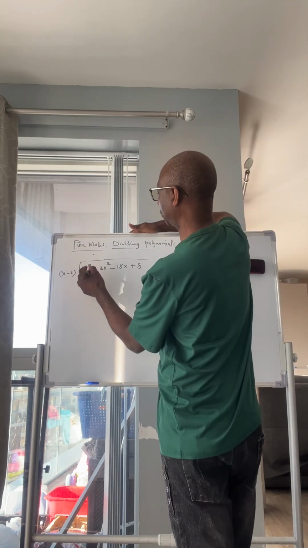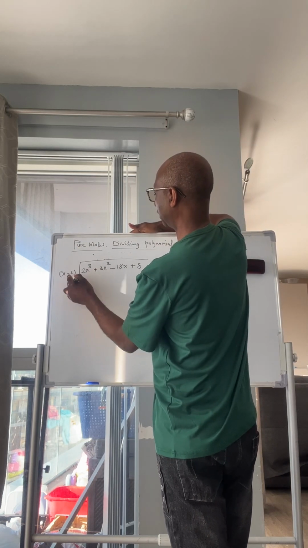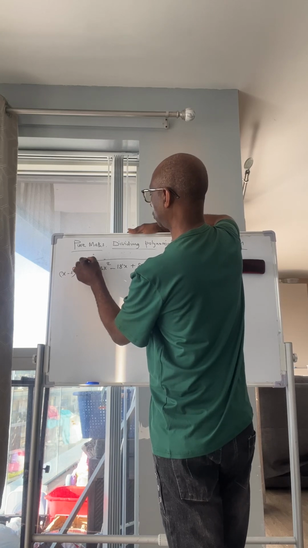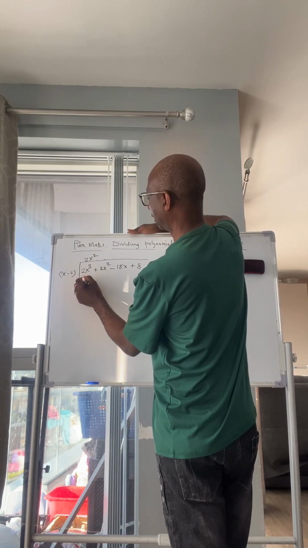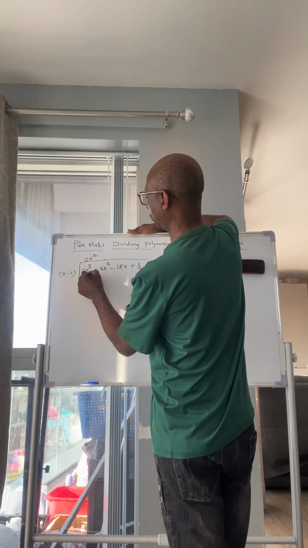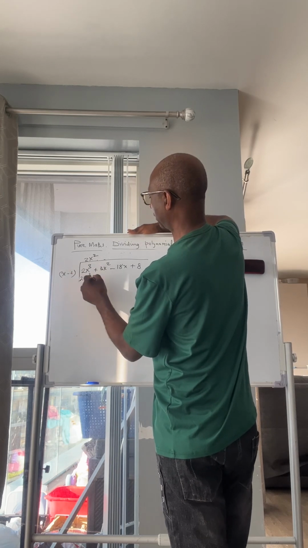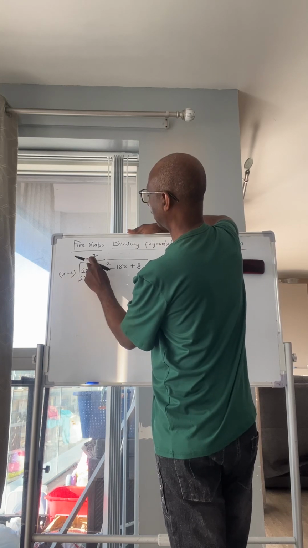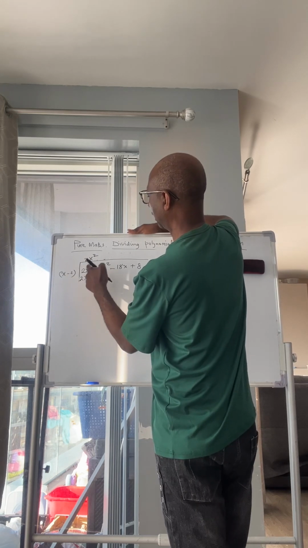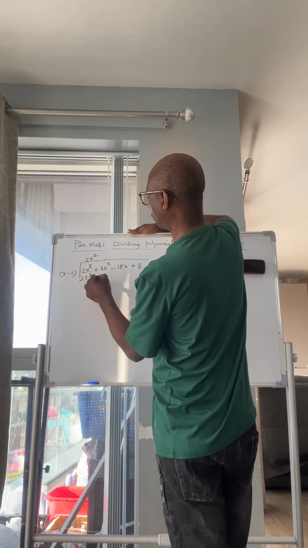x minus 2. So this is x, 2x squared. 2x squared times x, you get 2x cubed. 2x squared times minus 2, you get minus 4x squared.